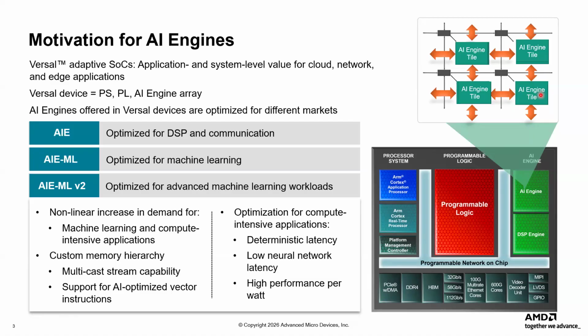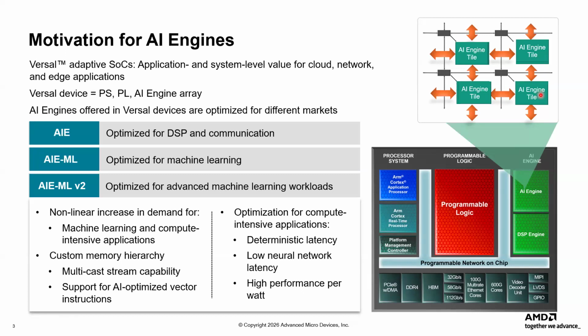So all that to say that when you think about the AI engines, this is a really unique structure. It has flexibility, but because each tile can individually do parallel operations using the SIMD capabilities, this is really more powerful than a standard GPU.